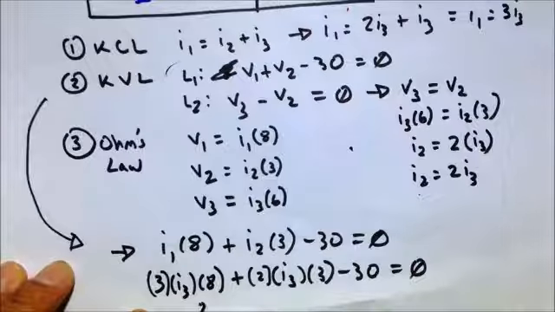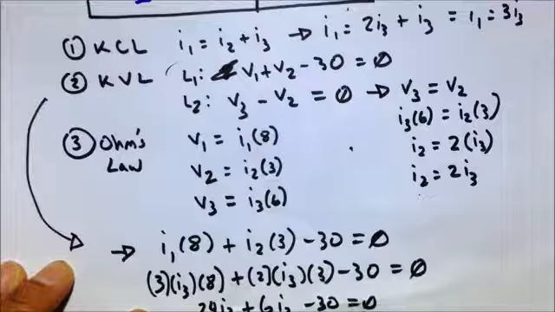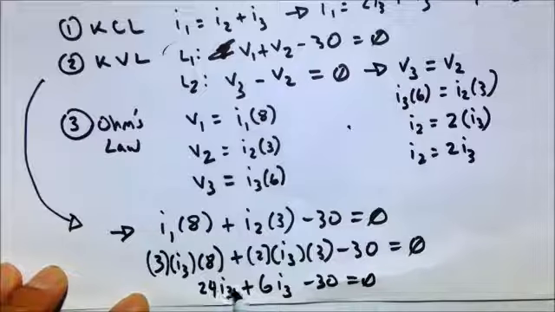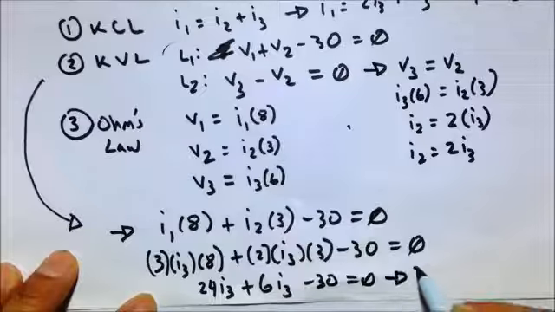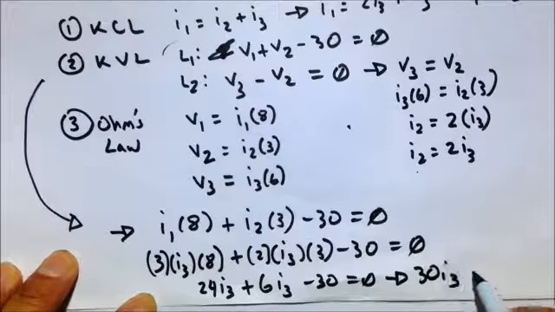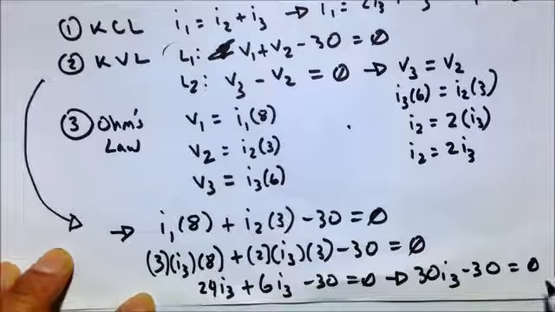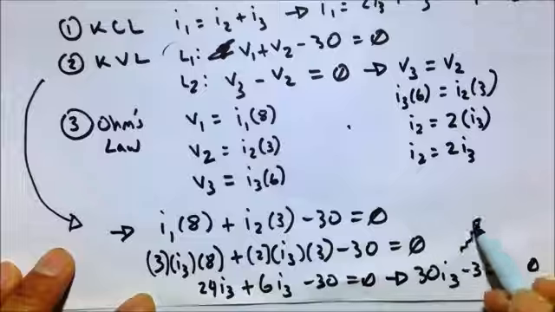Let's rewrite this. So 24 I3 plus 2 times 3, 6 I3, minus 30 equals 0. Combine these, so that equals 30 I3. Then we can move the 30 to the other side. Follow the arrows.